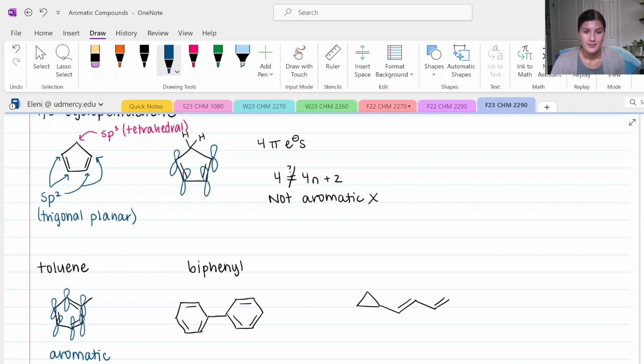For biphenyl, we're looking at essentially 2 benzene rings that are bonded together through a single bond. Within each ring, each carbon again has an unhybridized p orbital.